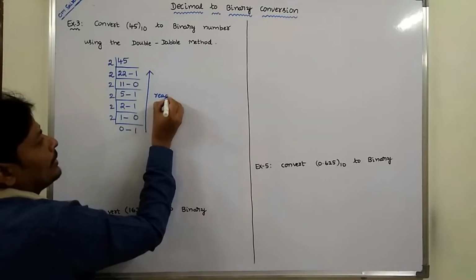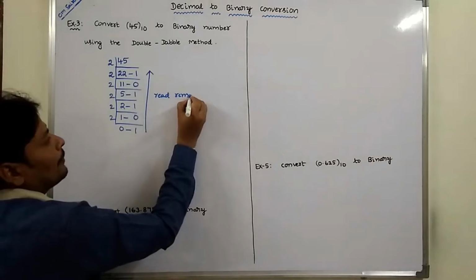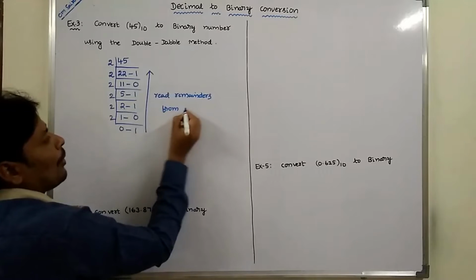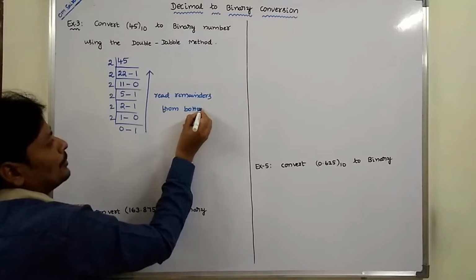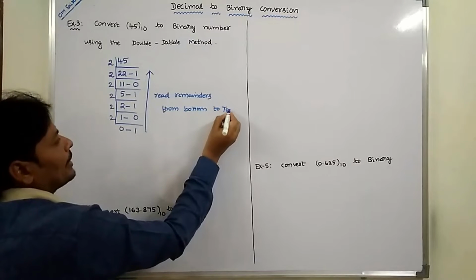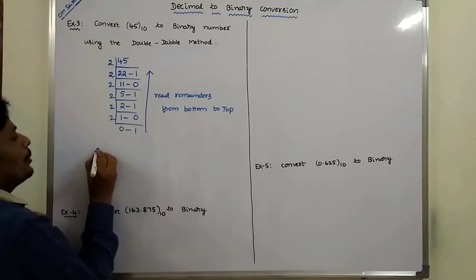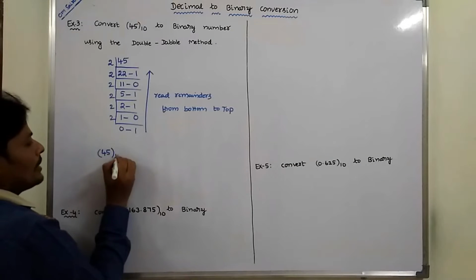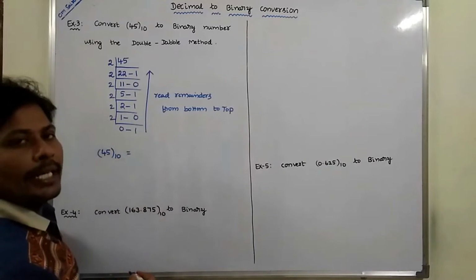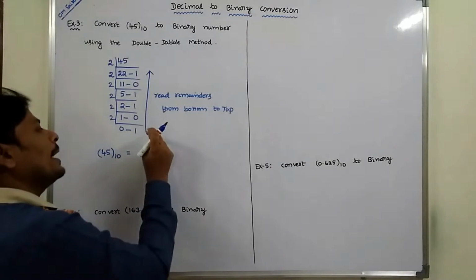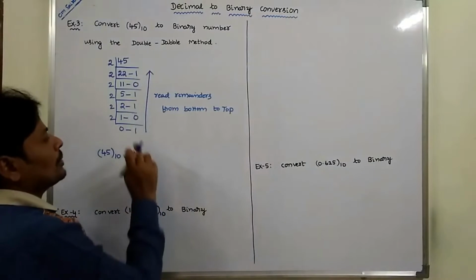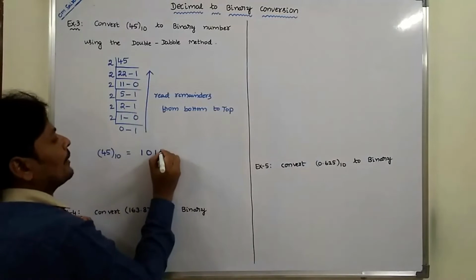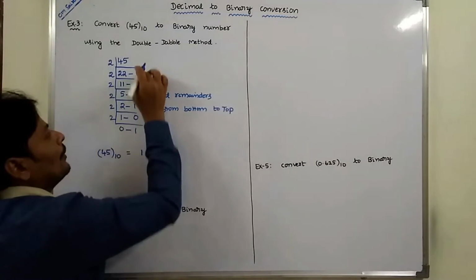So 45 base 10 is equal to the equivalent binary integer number obtained by reading the remainders from bottom to top: 1, 0, 1, 1, 0, 1.